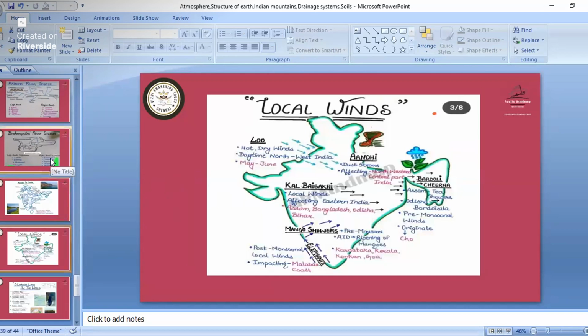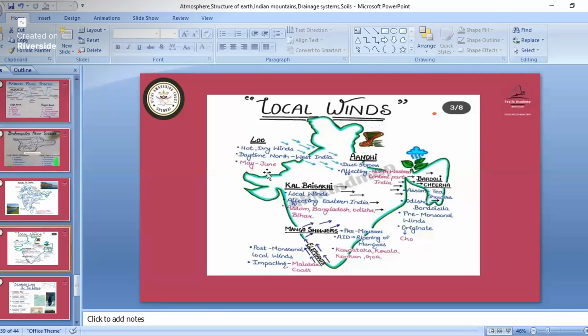Now we'll see some important topics. Actually it was not given in the list, but you must see about these important topics because they might ask about these local winds also. So study about Lu, Andhi, Bardoichila, Kal Baisakhi and mango showers.